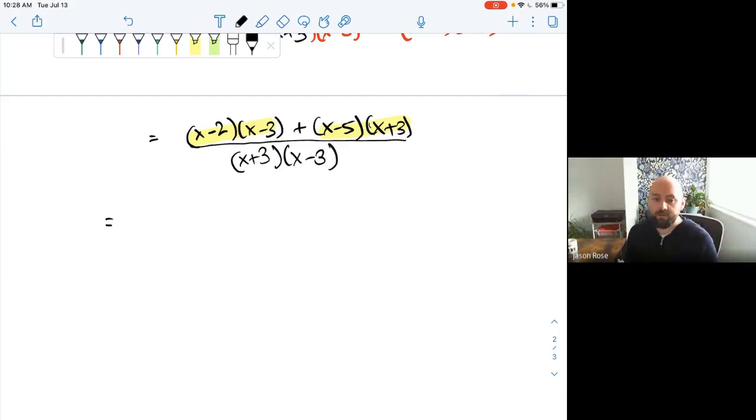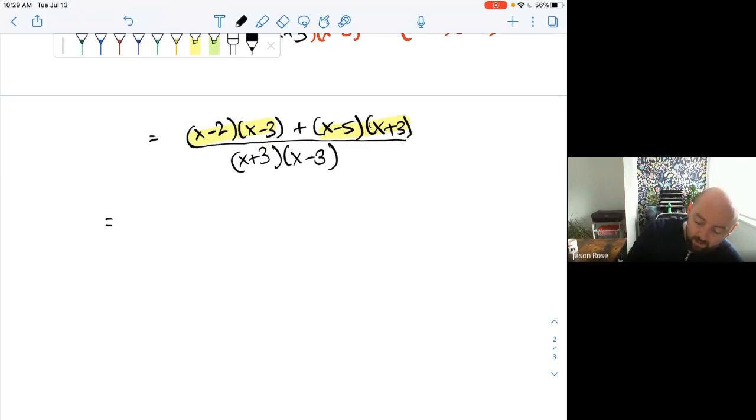Add up all the like terms. When we multiply out each of those terms, we're going to see x squared terms, x terms, and number terms in the numerator. We're going to add the x squareds, add the x's, add the numbers, and then we're going to have a trinomial left. And we're going to try to factor the trinomial. Now, it might not work. We might just be left with something awkward, but we have to try and see if it'll simplify.